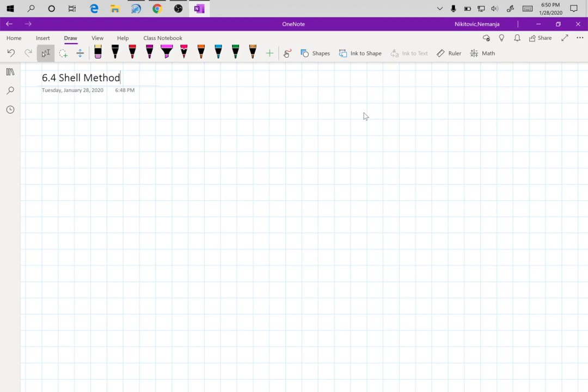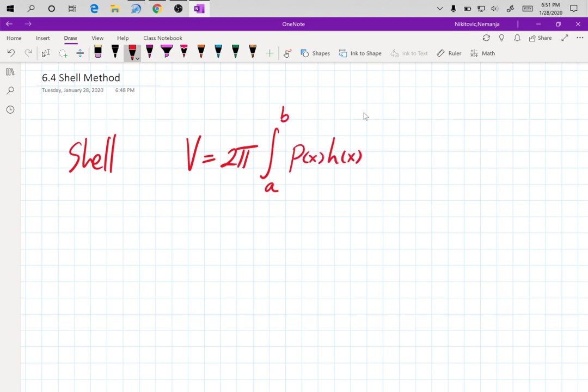Well, first off, let me write the formula, which says that shell volume is equal to 2 pi integral a to b, p of x, h of x, dx for the y rotation.